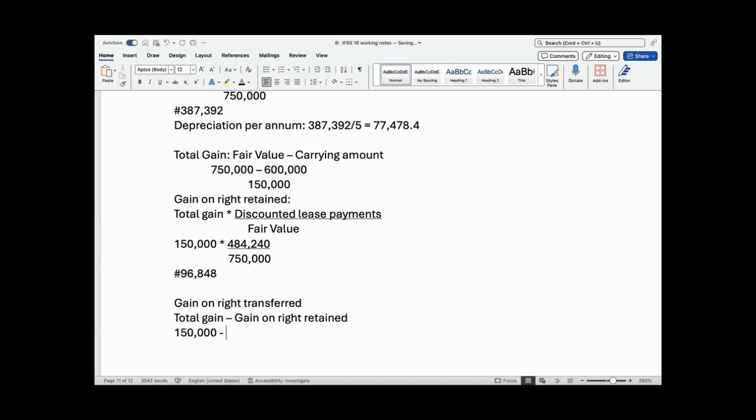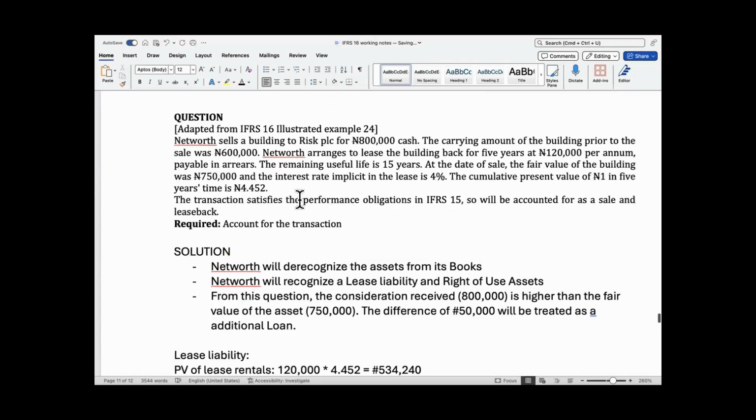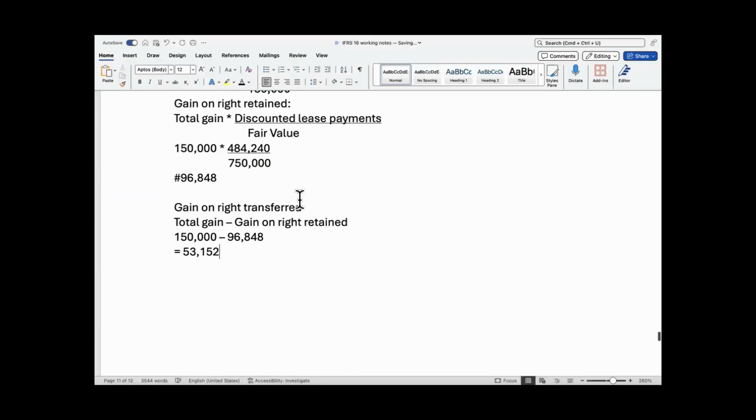My gain on rights retained is 96,848. And that gives me how much? 53,152. So all this is happening on the date that the asset is sold.